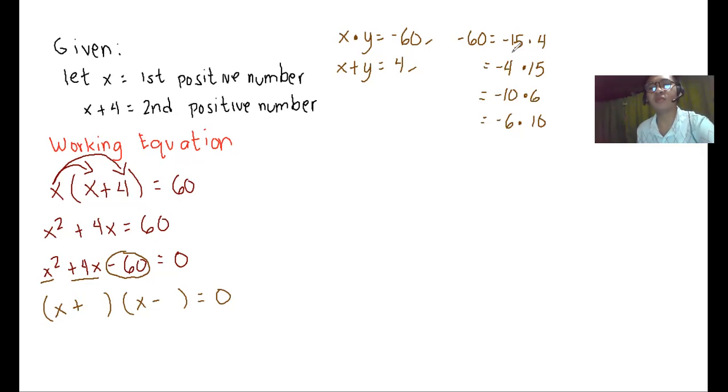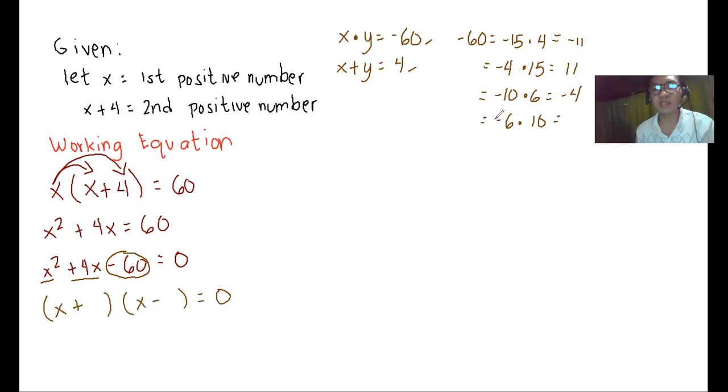So all we have to do is to add them, and we need to get positive 4. Negative 15 plus 4 would be negative 11. Negative 10 plus 6 is negative 4.